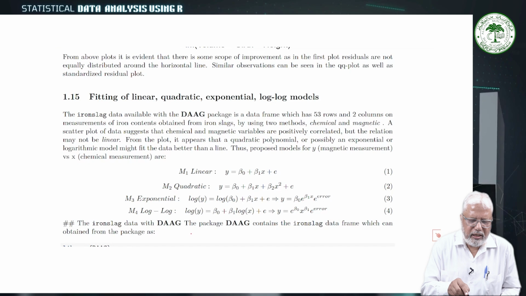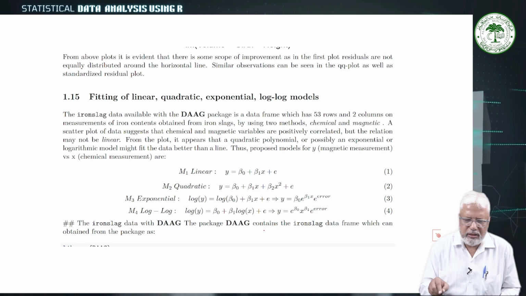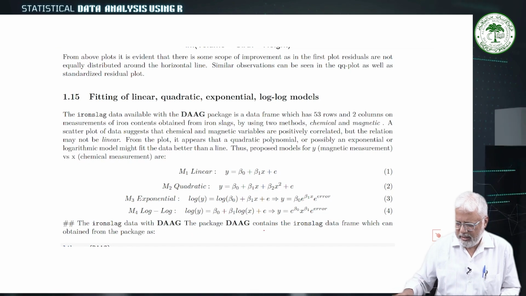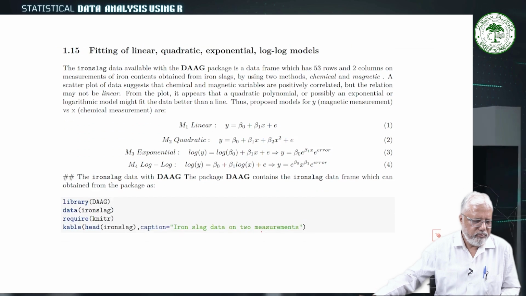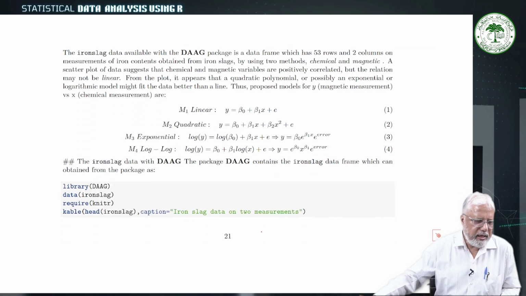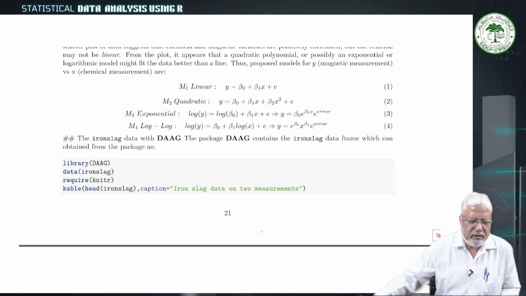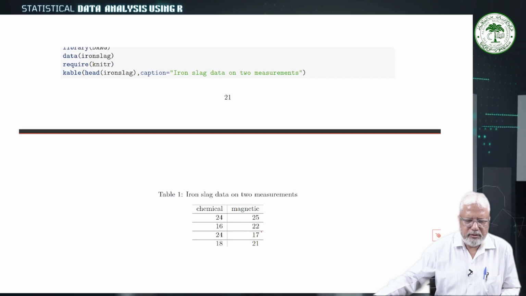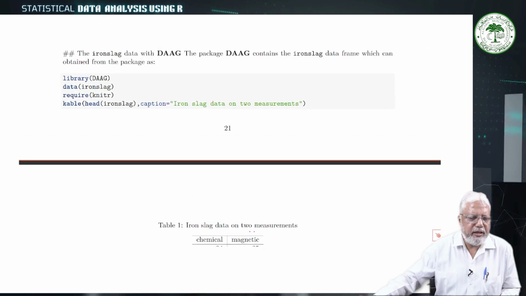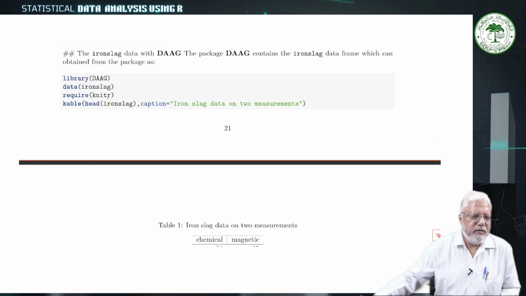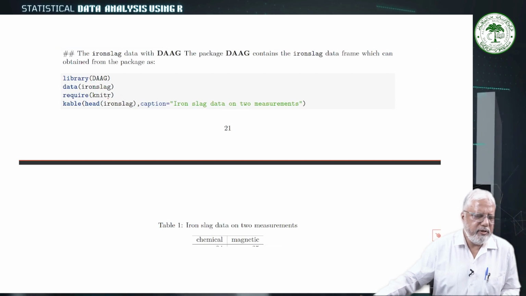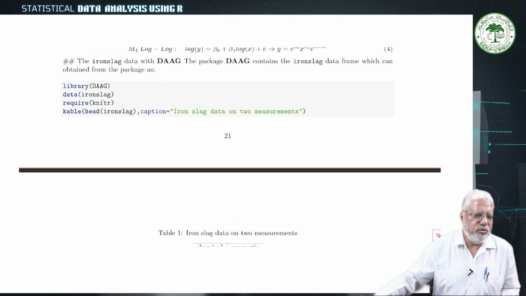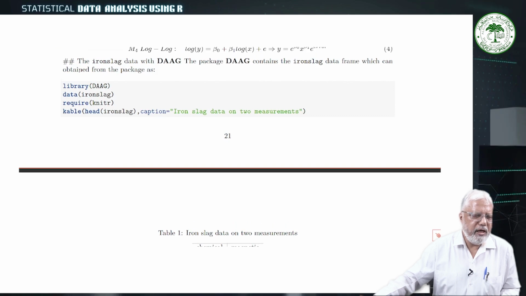The ironslag data frame in the DAAG package can be obtained as, see, library DAAG, data ironslag, require knitr. There is a package knitr which we will discuss for documentation. So library DAAG, we have to load the library.